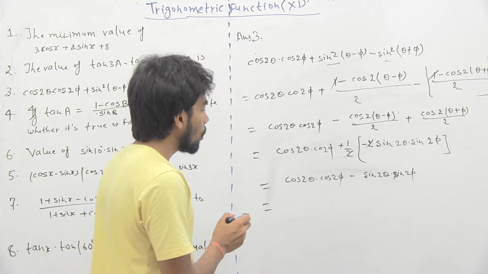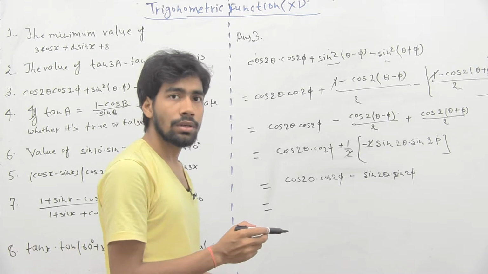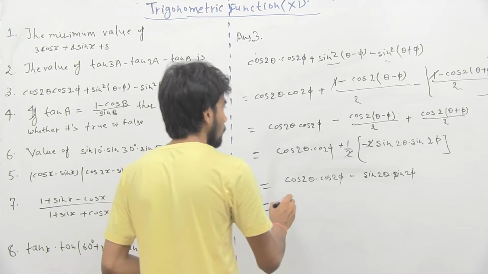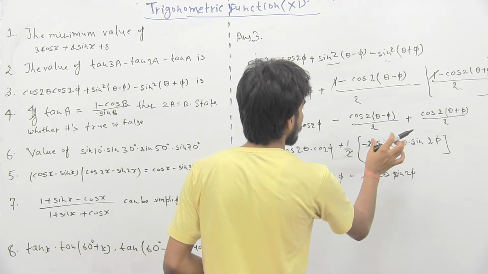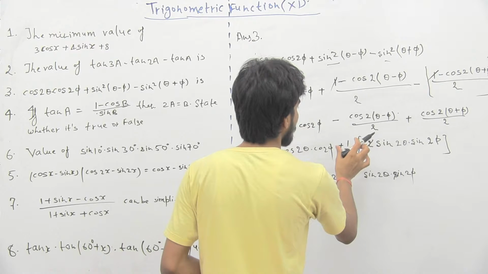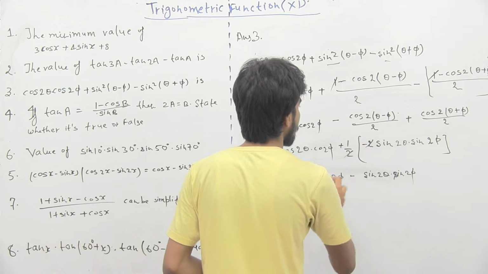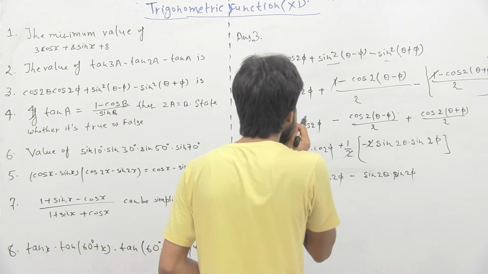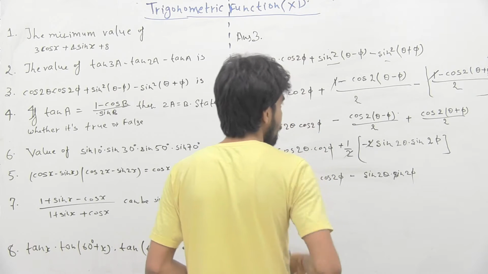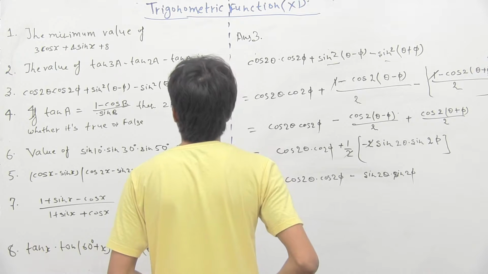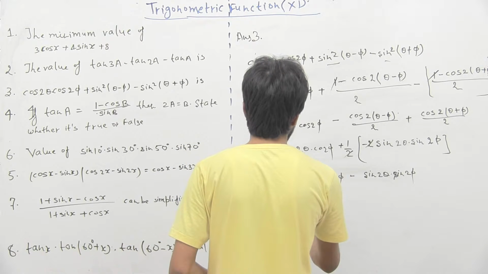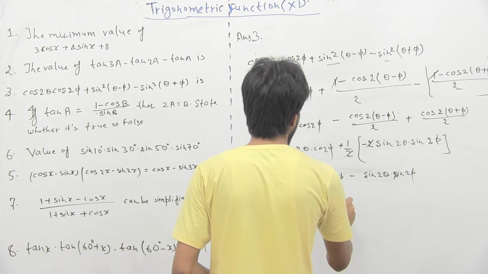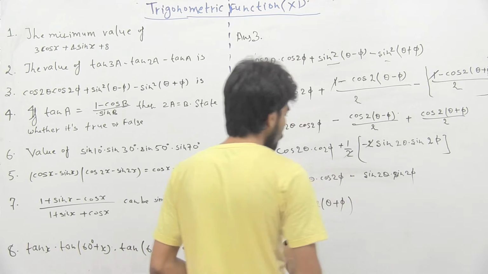Now it is in the form of cos A cos B minus sin A sin B. So we can write it as cos A plus B.